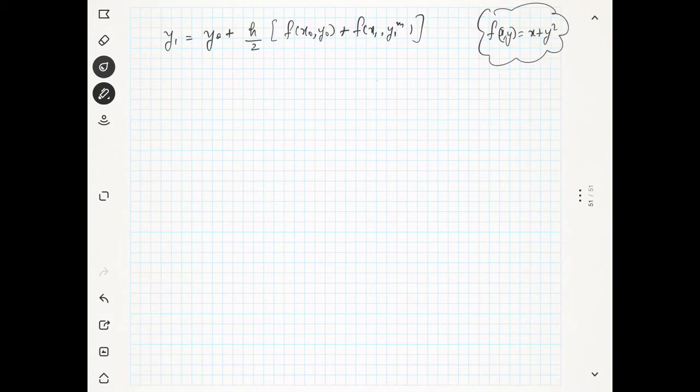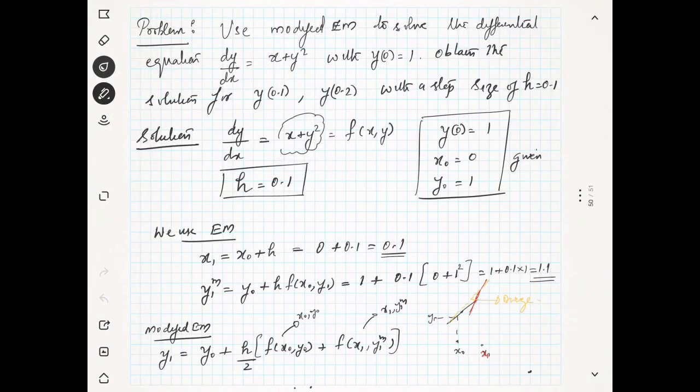Y0 is given, y of 0 equal to 1, so y1 is equal to 1 plus 0.1 divided by 2 into f of x0 y0.